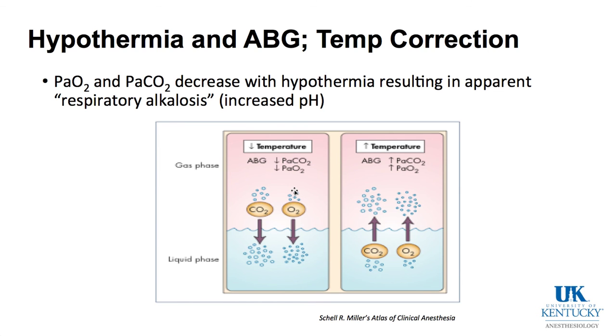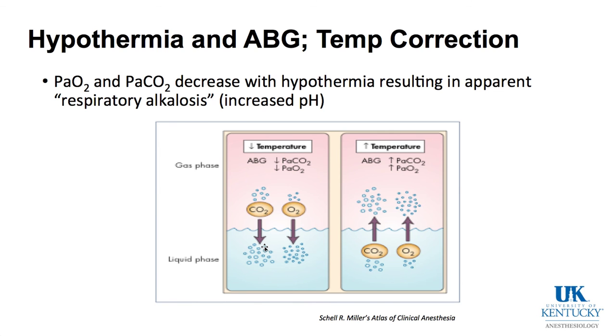As the temperature goes up, the converse occurs. They have more kinetic energy, and PaCO2 and PaO2 partial pressures will go up. Now, the interesting thing with hypothermia is that as the oxygen and CO2 go down, the pH then changes because of that respiratory-like alkalosis.